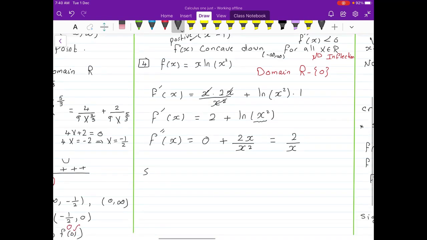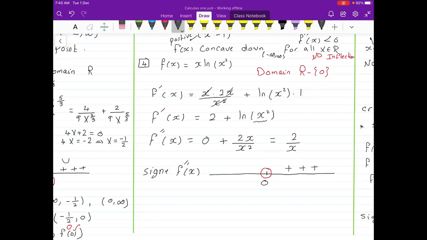Now, to study the sign of f double prime of x, we study the sign on the natural domain of the function. Be careful, 0 is not included in the domain. If you choose a number greater than 0 like 1, the sign will be positive.